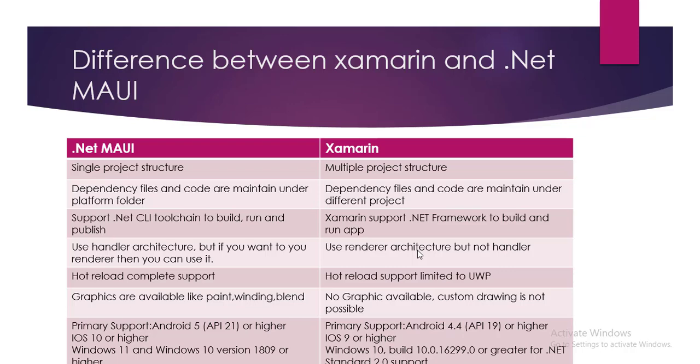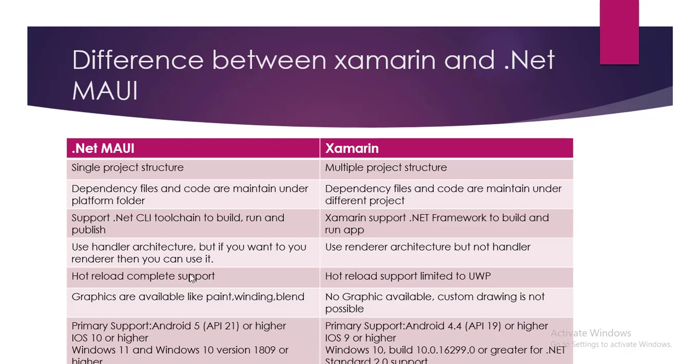Handler architecture means it can use an event handler, and renderer architecture means you have to create a renderer in all the platform projects you have, and you have to create events in all the renderers. But in .NET MAUI you have to create a handler only once.